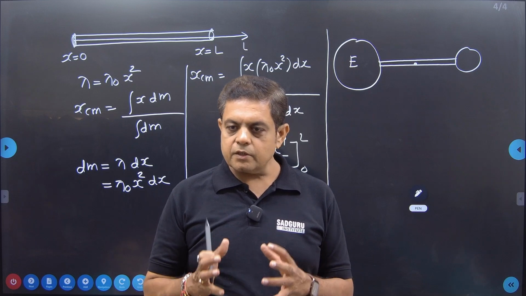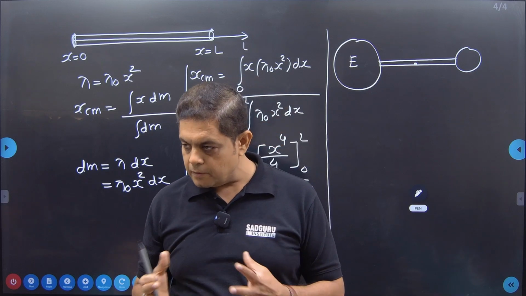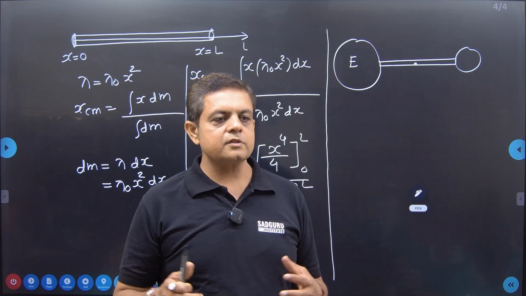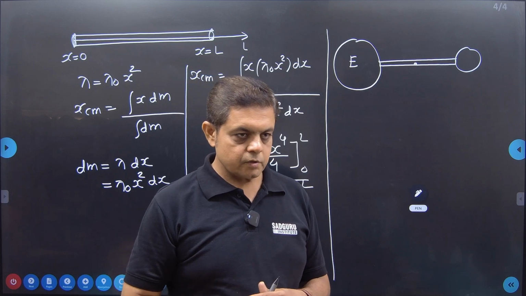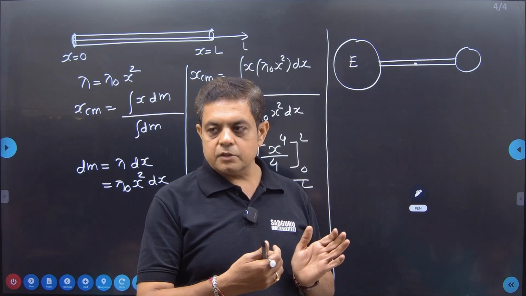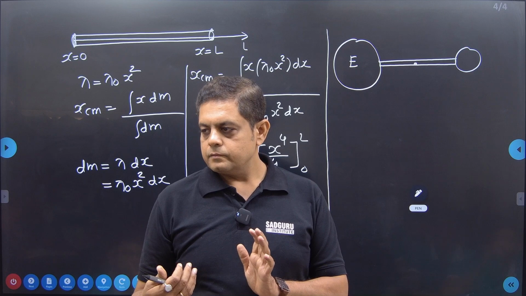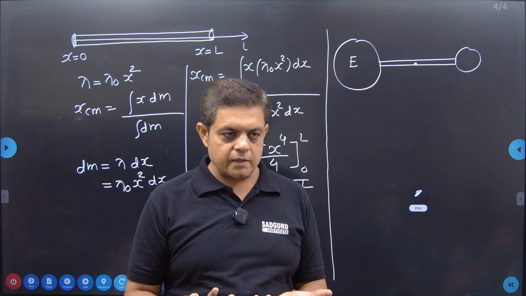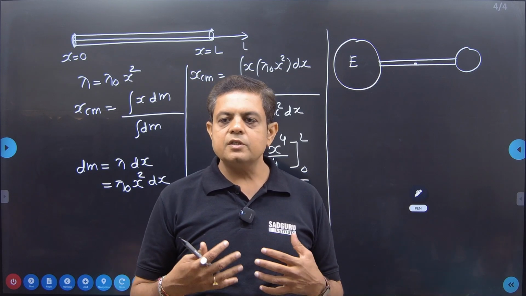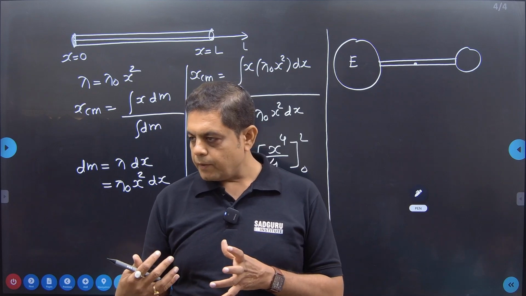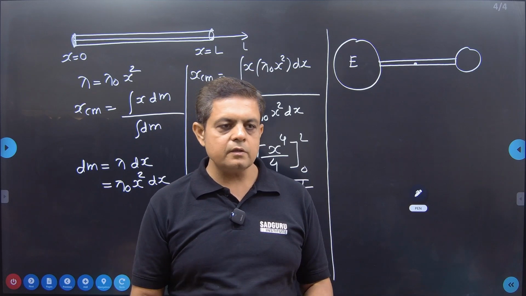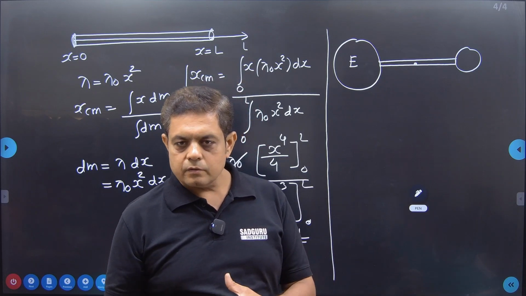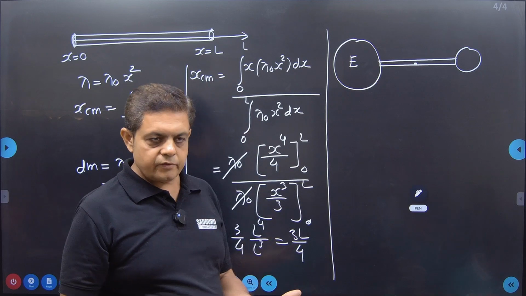If the center of mass and center of gravity are not the same point, what can we say about the center of gravity? In this case, it is nearer to earth. For example, we have discussed that center of mass is nearer to the heavier particle. Similarly, center of gravity is nearer to the part of the system which has greater gravity.